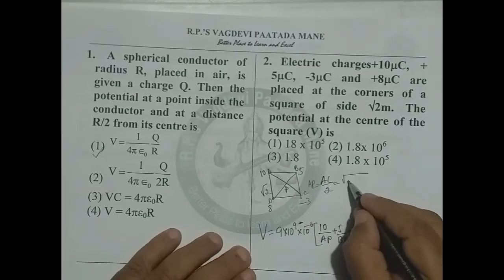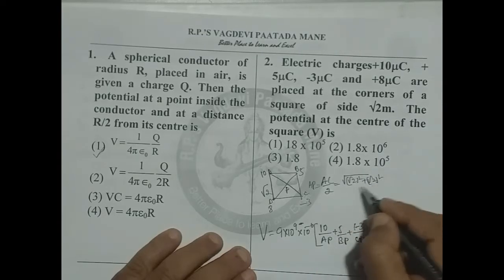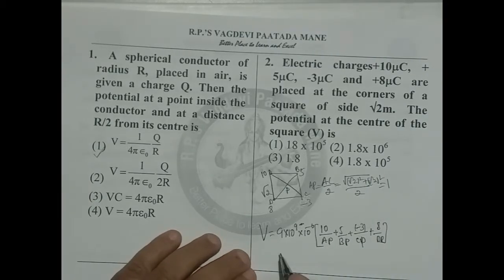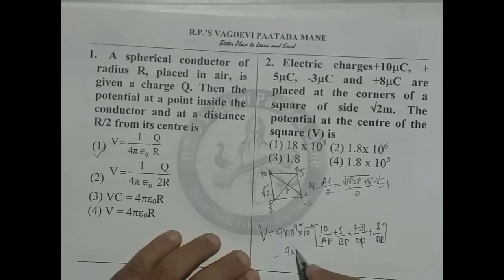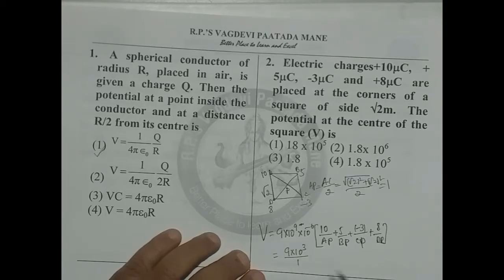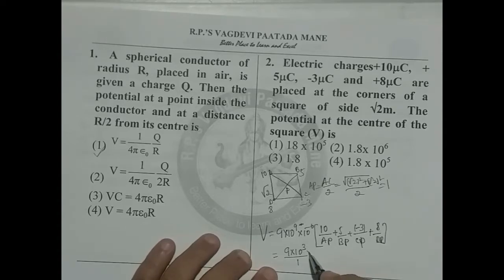AC is root of root 2 square plus root 2 square, by 2, which amounts to be 1. Therefore, our final answer will be 9 into 10 raised to 3. In the denominator, AP, BP, CP, DP are all 1, so taken out. In the numerator, 10 plus 5 plus 8, 23, minus 3 is 20. So I take this as 20.